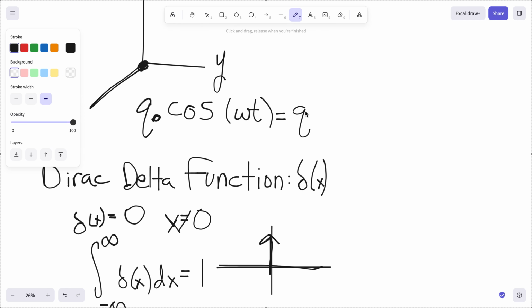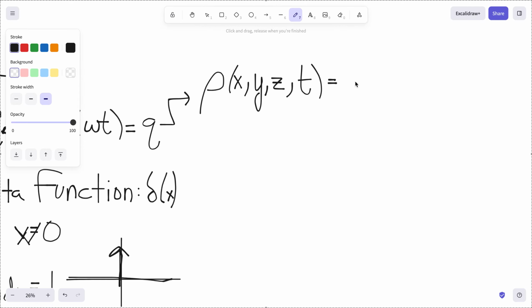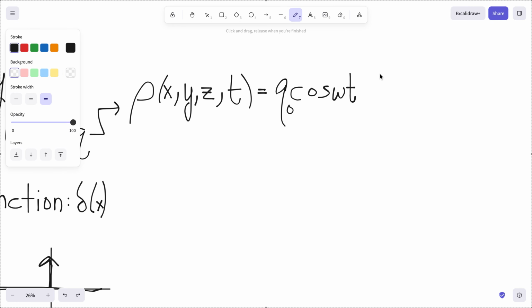We can use this Dirac delta function to rewrite Q as rho of x, y, z, t equals Q naught cosine omega t delta x delta y delta z.